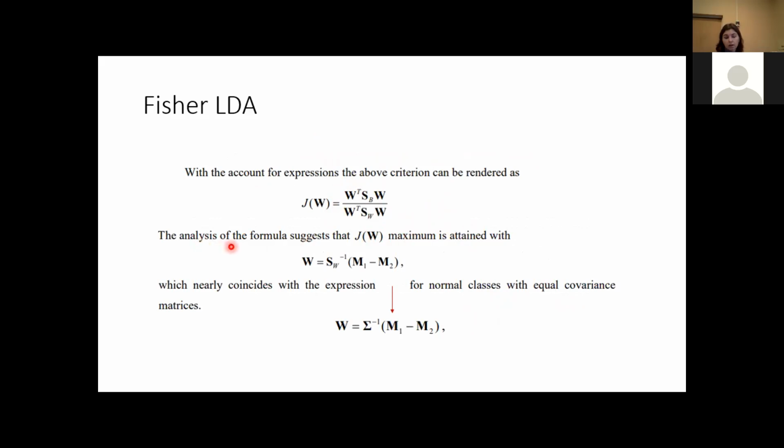So the analysis of this formula suggests that we have a maximal value. The maximum value we may calculate using, for example, derivative, something like this, to estimate it. It will be when the vector is equal to this equation.